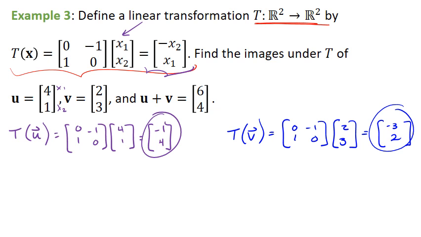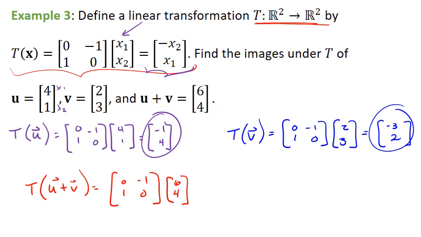And then finally, same thing, but now we are going to use the vector (6, 4) to get the following. And there you have it. This section really isn't too terrible. Enjoy.